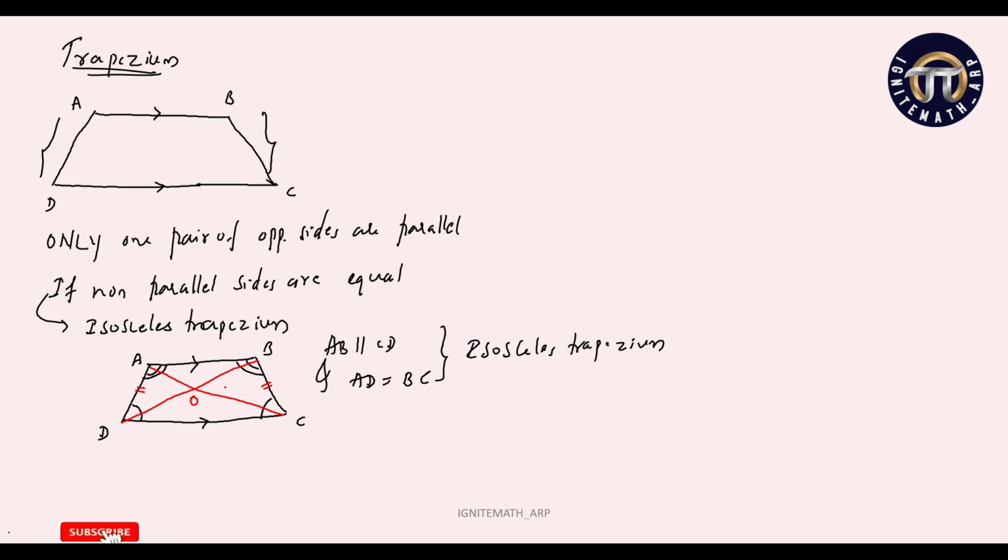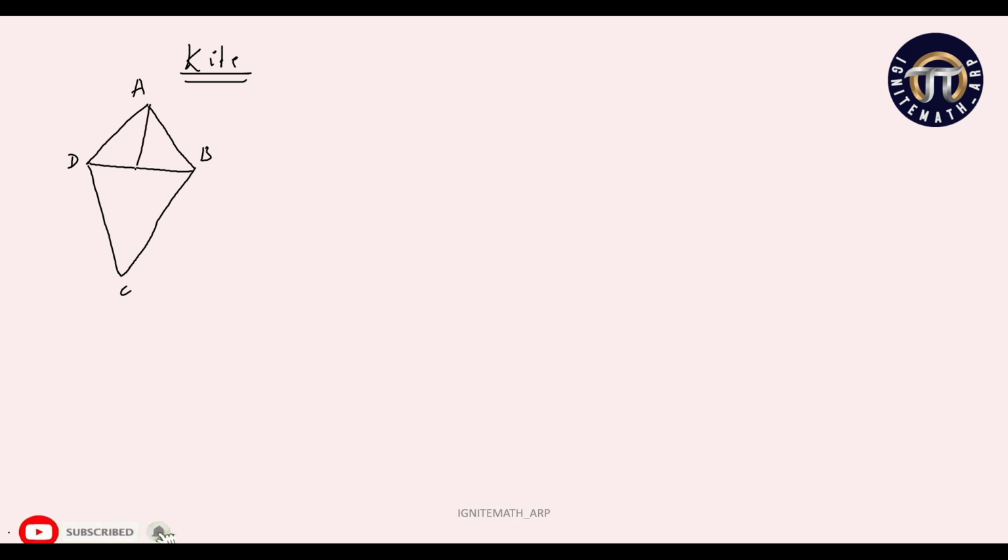Now, let me take the properties of kite. So what is a kite? All have seen how a kite looks. This is a kite, which is a type of quadrilateral. So ABCD. I can draw the diagonals over here. In the case of kite, one pair of adjacent sides, this and this, are equal to each other.